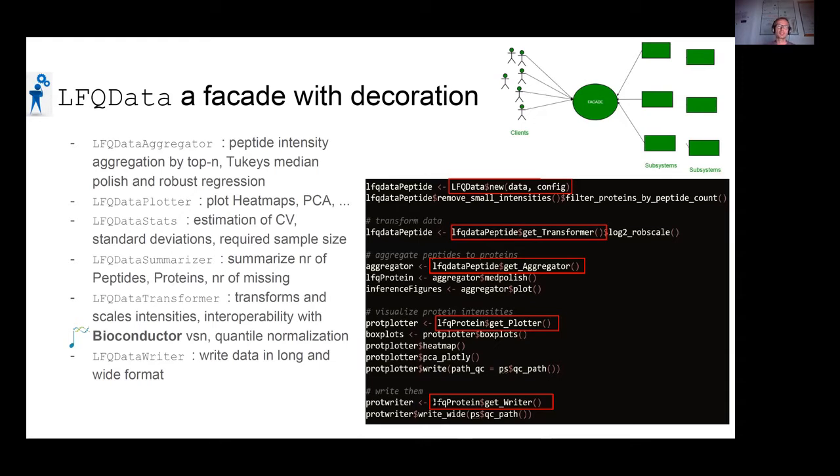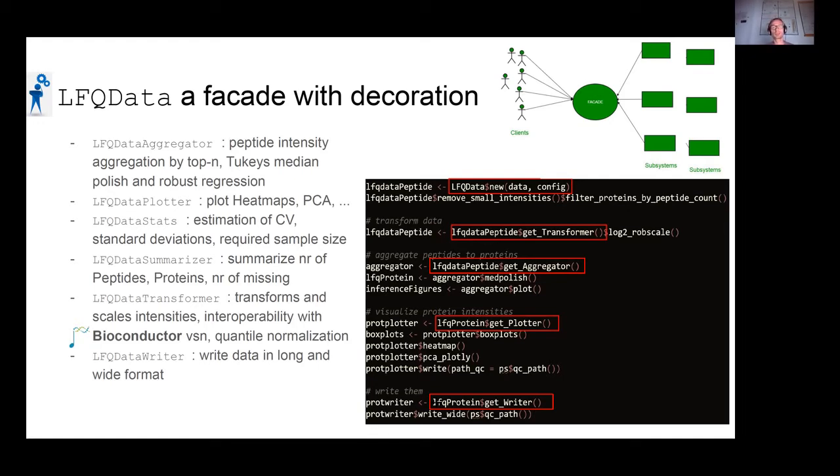The package contains dozens of functions, and to structure these functions, some are for plotting, some are for aggregating peptides to proteins, others are for statistics like computing CV, standard deviations of the measurement, or computing the required sample size. We came up with an LFQ data class, which implements base functionality, and decorator classes, which group together similar functions.